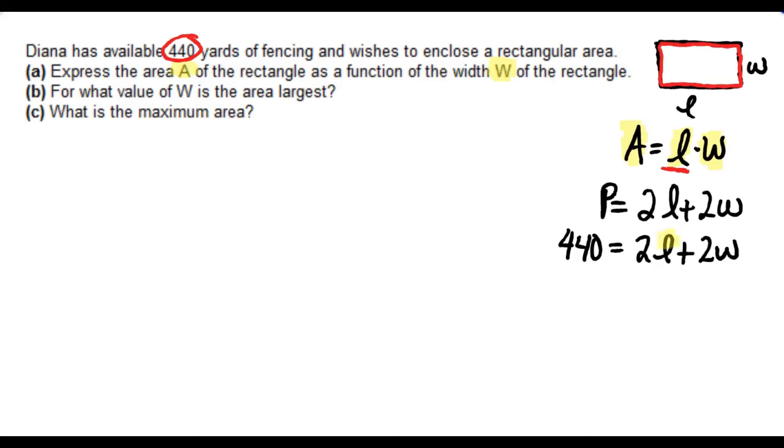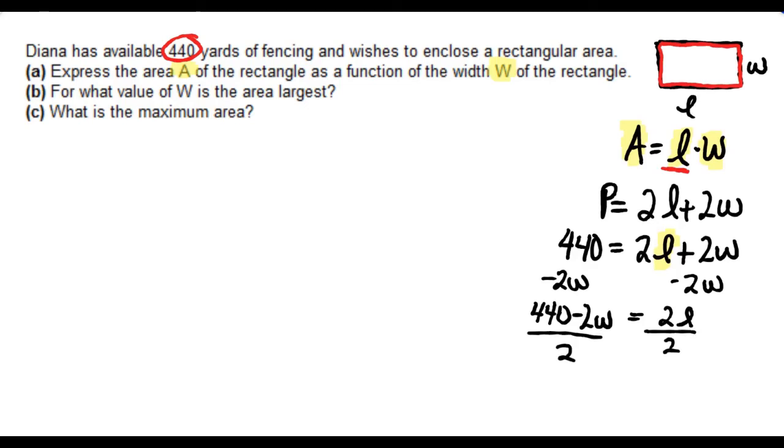So I'm going to solve for length by subtracting 2w on both sides. That gives me 2l equals 440 minus 2w. I'll divide both sides by 2, and that gives me a length of 220 minus w.